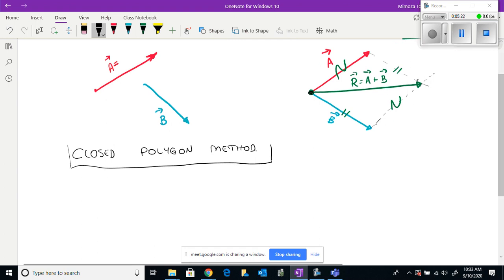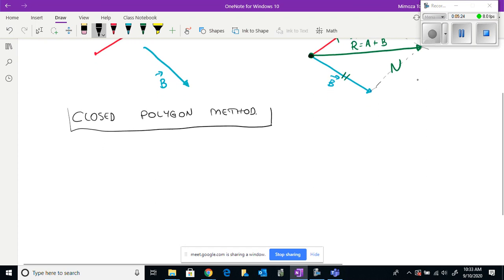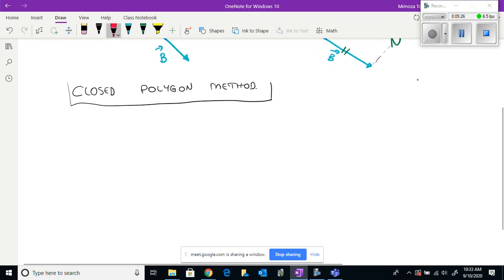So let's suppose that we have two vectors to add. Vector A looks like this, and vector B looks like this.